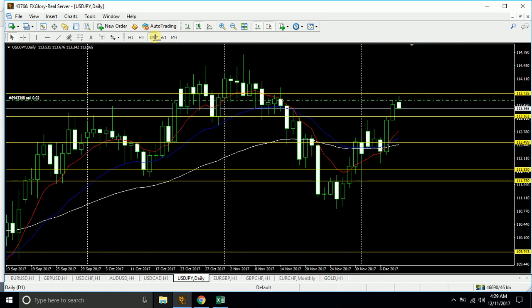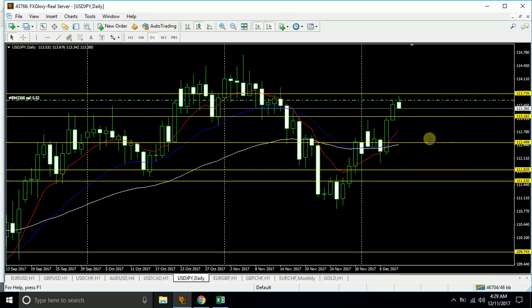Here on the USDJPY, I see a potential breakdown of the 113.100 level, 113.200 level right in here.